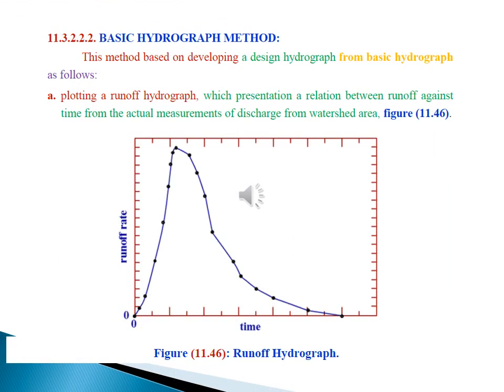Basic hydrograph method. This method is based on developing a design hydrograph from a basic hydrograph as shown in the following steps. Follow it, my dear, by yourself. It's so easy, as shown in the enclosed figure.